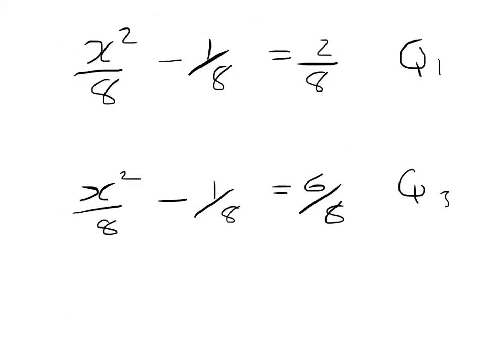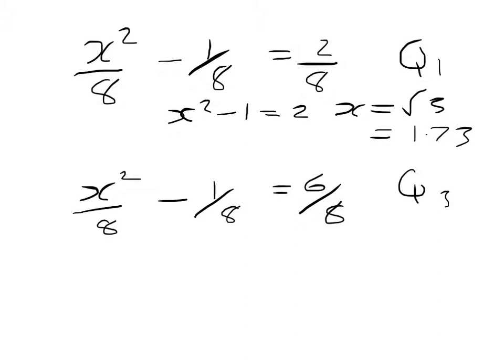So for the quartiles, we've got F of x, which is x squared over 8 minus 1 over 8. That will equal, I've changed it into eighths so we can solve this more easily, 1/4 for the lower quartile, and it will equal 3/4 for the upper quartile. So if we take the lower quartile, I rearrange this equation, multiply through by 8, and I'll have x squared minus 1 equals 2, so I'll get x equals square root 3, which is 1.73 to 2 decimal places.